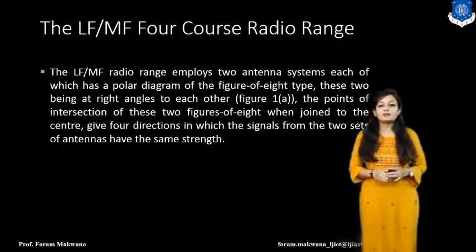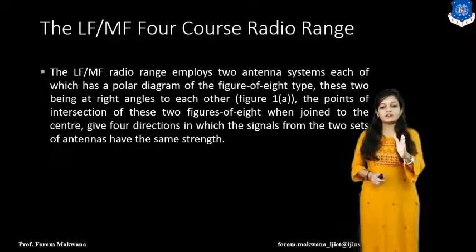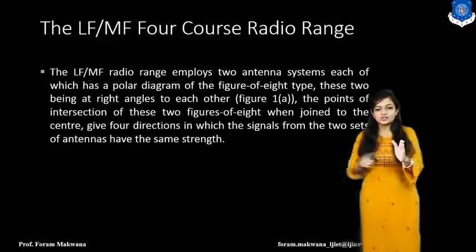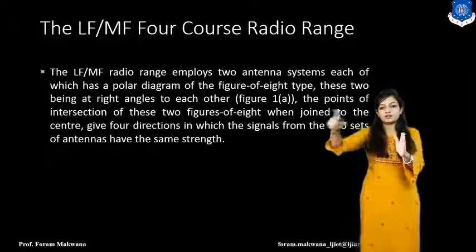Let's say I have placed one antenna with a figure of 8 pattern which radiates the signal in this direction as well as in this direction, and the second antenna I have placed perpendicular, at a right angle. That antenna reads the signal in this direction as well as in that direction in a figure of 8 pattern.